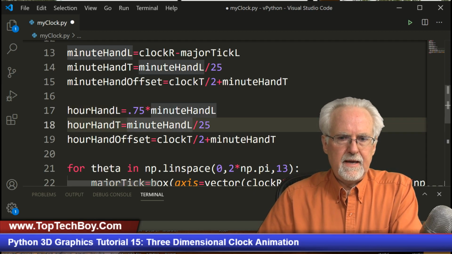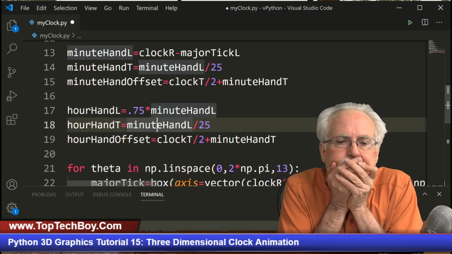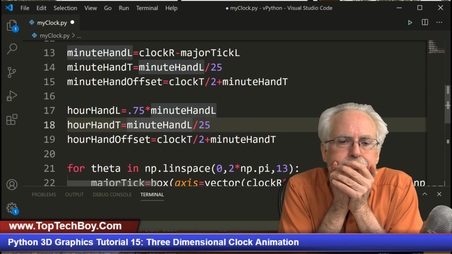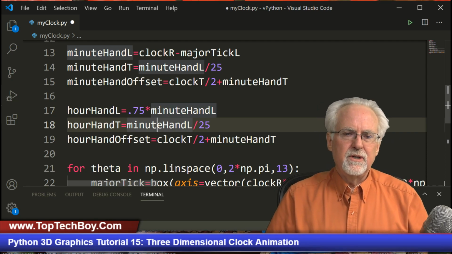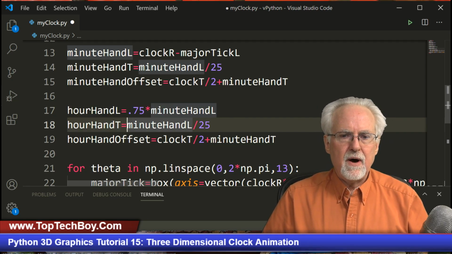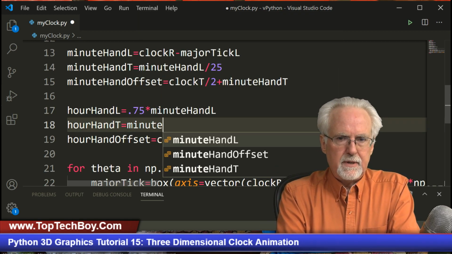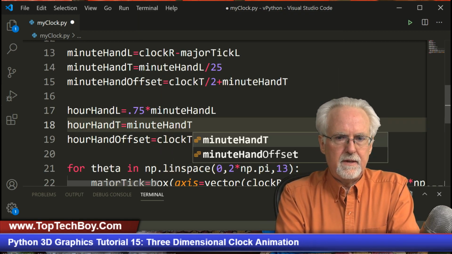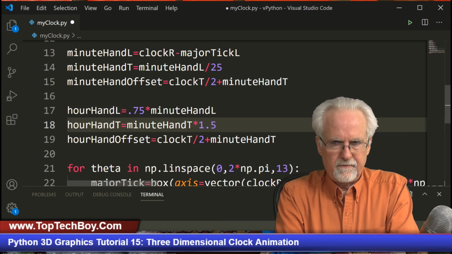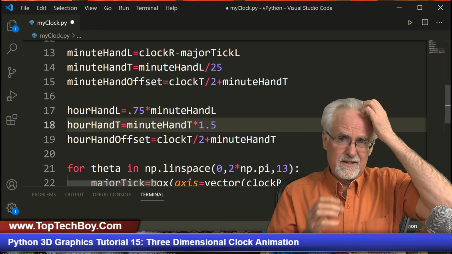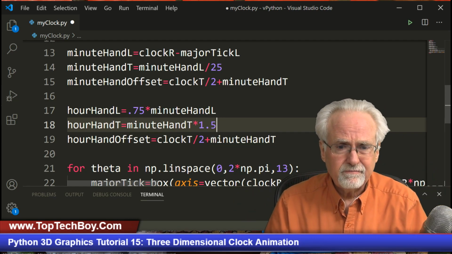And then the hour hand thickness, I'm going to leave it the same thickness as the minute hand because that looked pretty good. I think sometimes the hour hands are a little bit bigger than the minute hand, so I'm going to say the hour hand thickness is going to be the minute hand thickness times 1.5, because it seems like sometimes the hour hand is heavier than the minute hand.